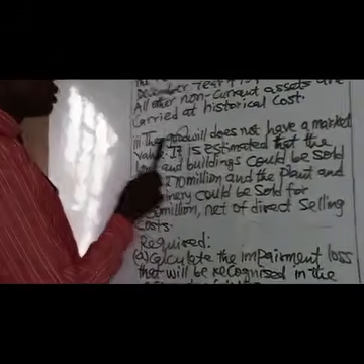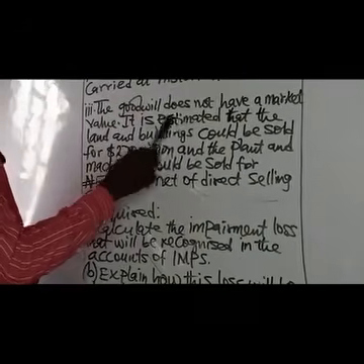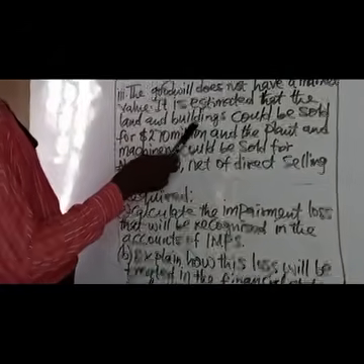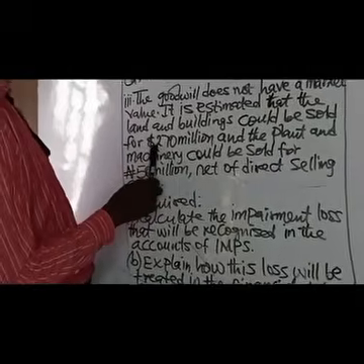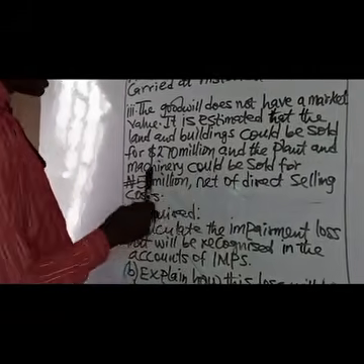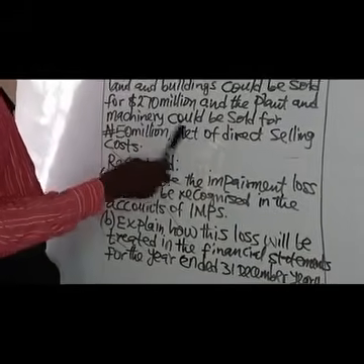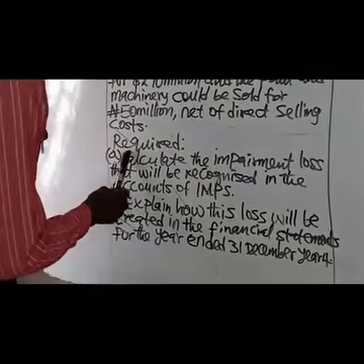Three, the goodwill does not have a market value. It is expected that the land and buildings could be sold for 270 million naira, and the plant and machinery could be sold for 50 million naira, net of direct selling cost required.